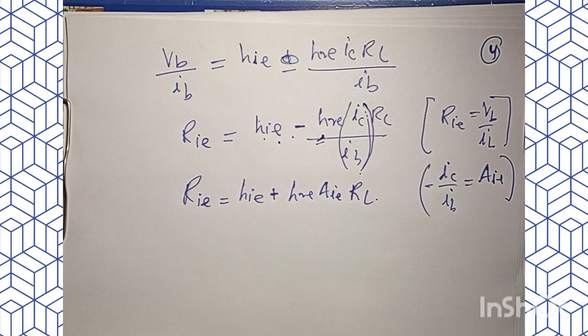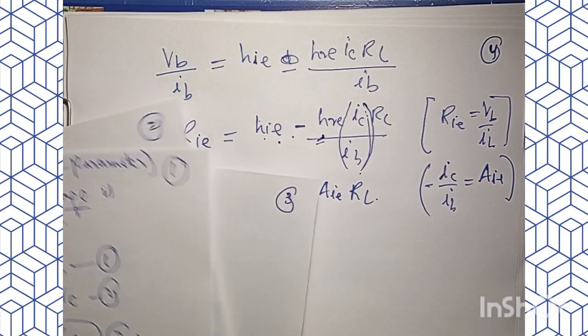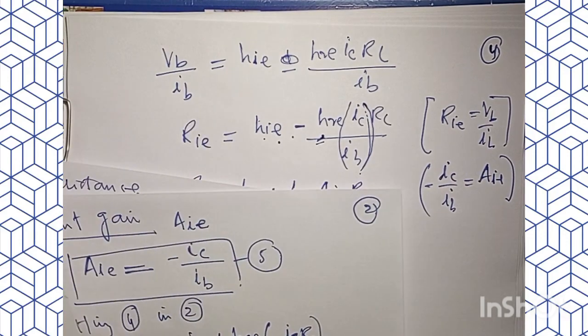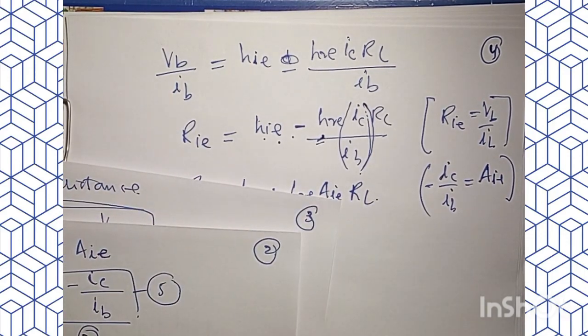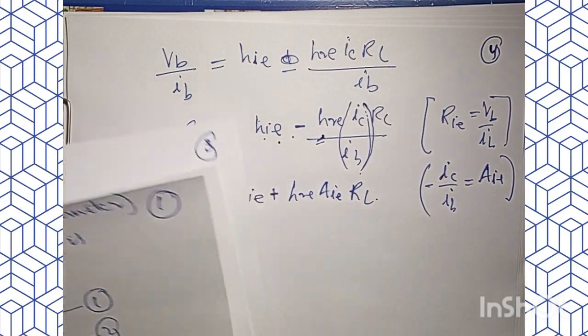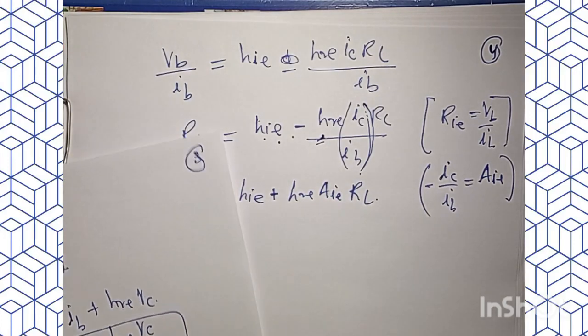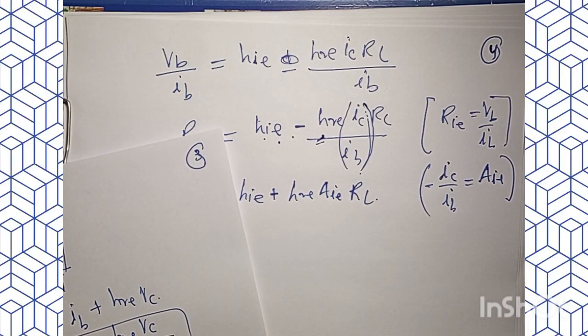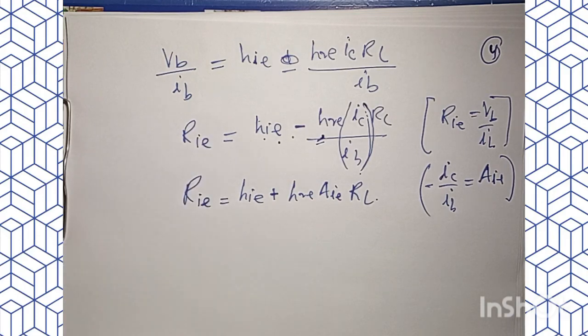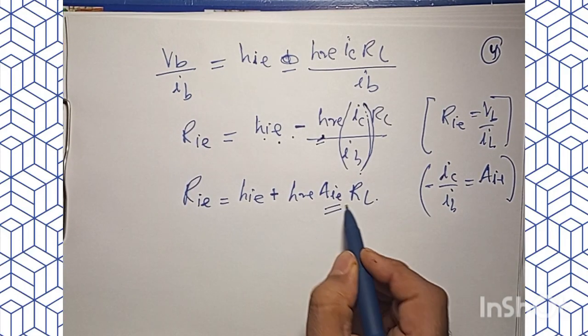So finally, we can be thinking of using, where is my previous equations? This is 6 and okay. So here we can use for AIE.